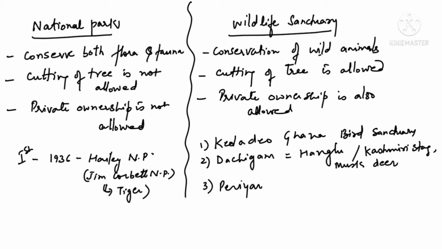Periyar sanctuary is for elephants and leopards. So these are a few examples of national parks and wildlife sanctuaries. Okay, up till here, I hope protected areas is clear.